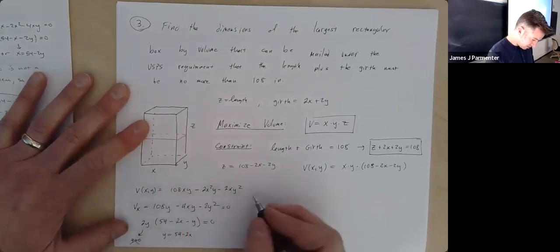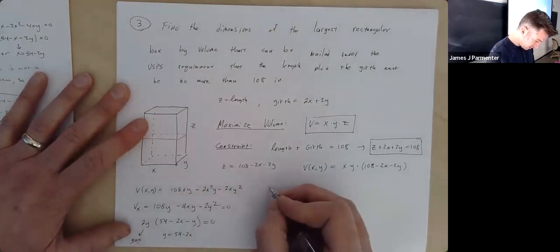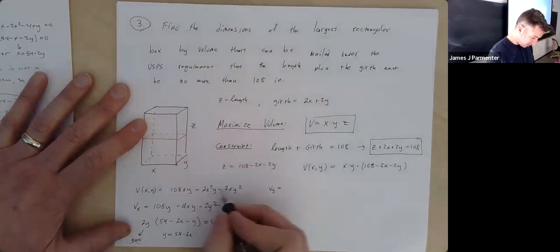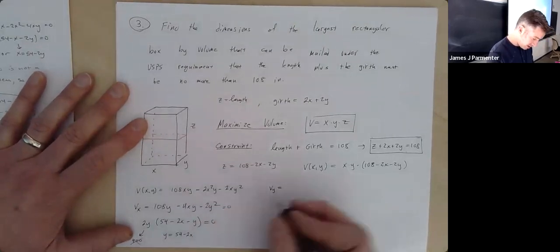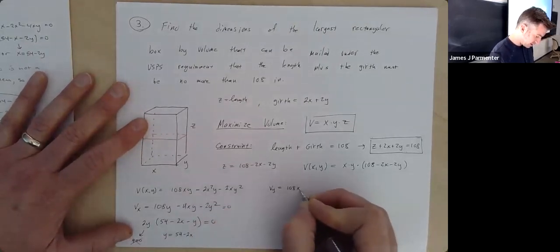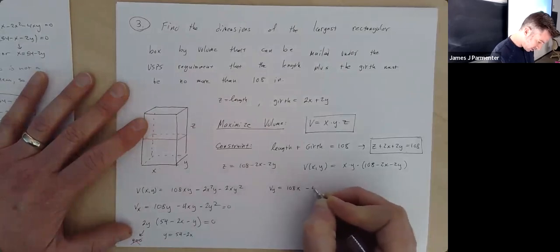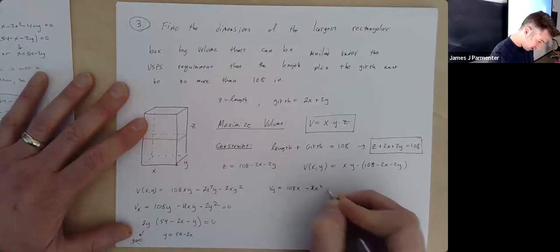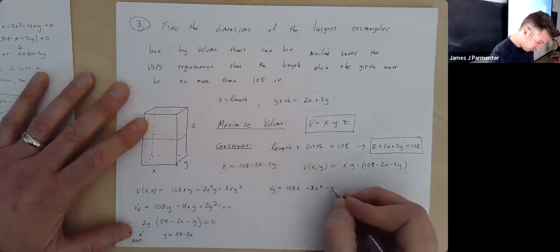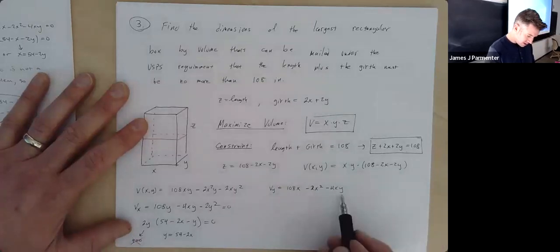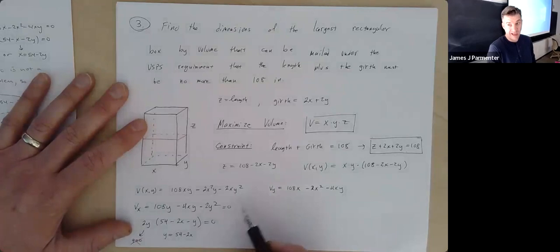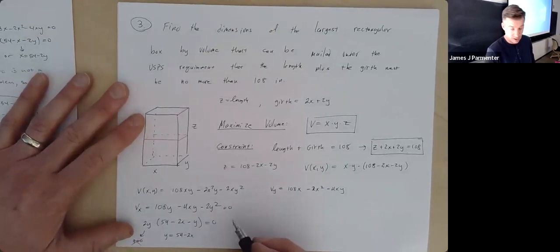Let's do the same thing for Vy, the partial with respect to y, which should give us kind of the same result. So I'm going to get 108x minus 2x squared minus 4xy. Notice how these partials are essentially the same, just with x and y interchanged, because we have symmetry.